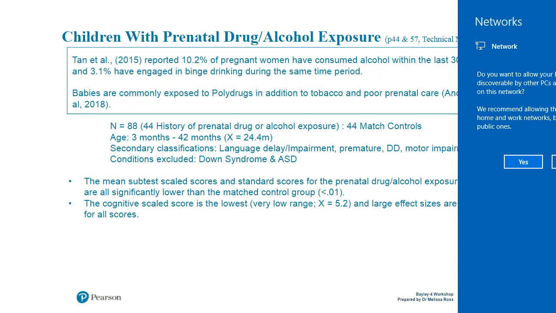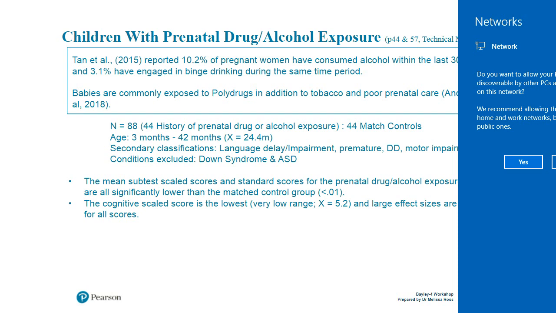Tan and colleagues reported 10.2% of pregnant women have consumed alcohol within the last 30 days, and 3.1% have engaged in binge drinking during the same time period. Babies are commonly exposed to polydrugs in addition to tobacco and poor prenatal care.